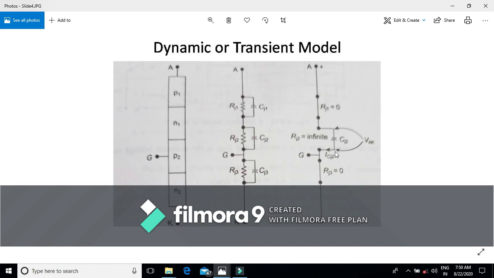If this ICJ2 is larger than the latching current of the anode current, the SCR comes into the conduction state without applying the gate current. That means this is also one method of turning on.